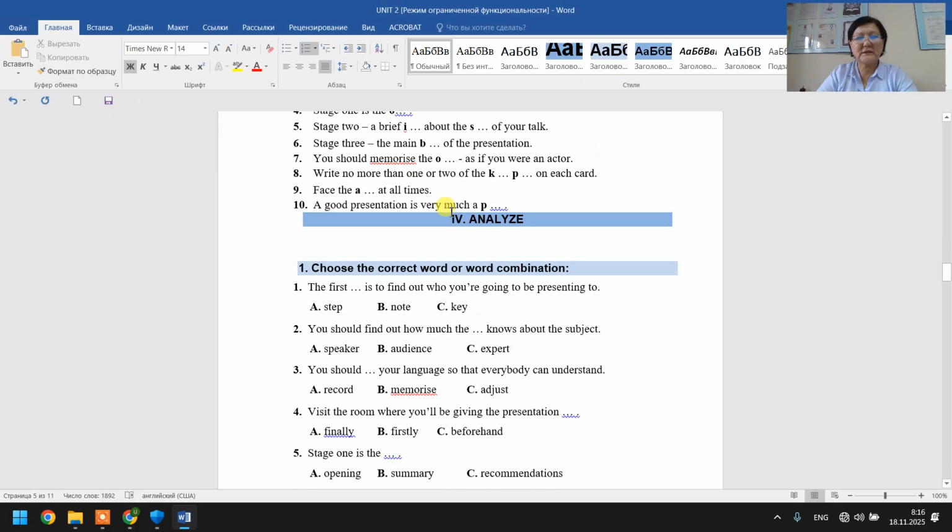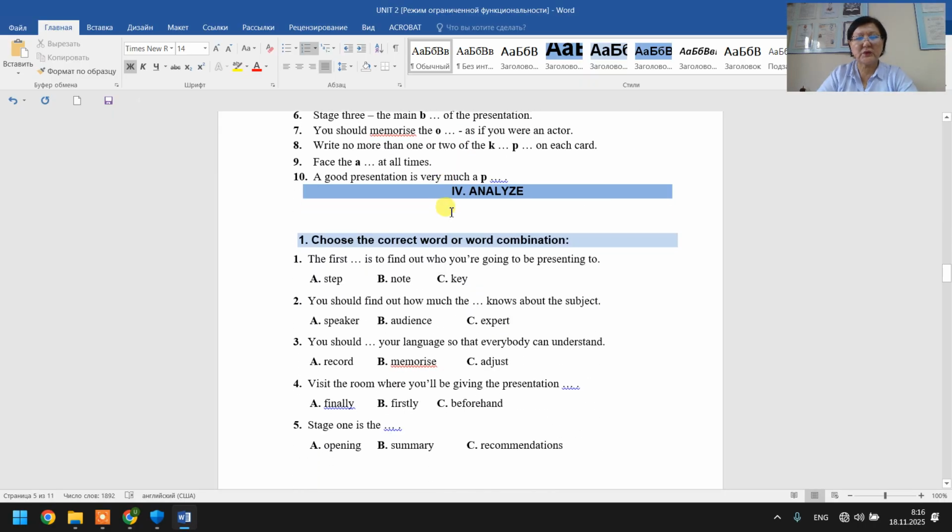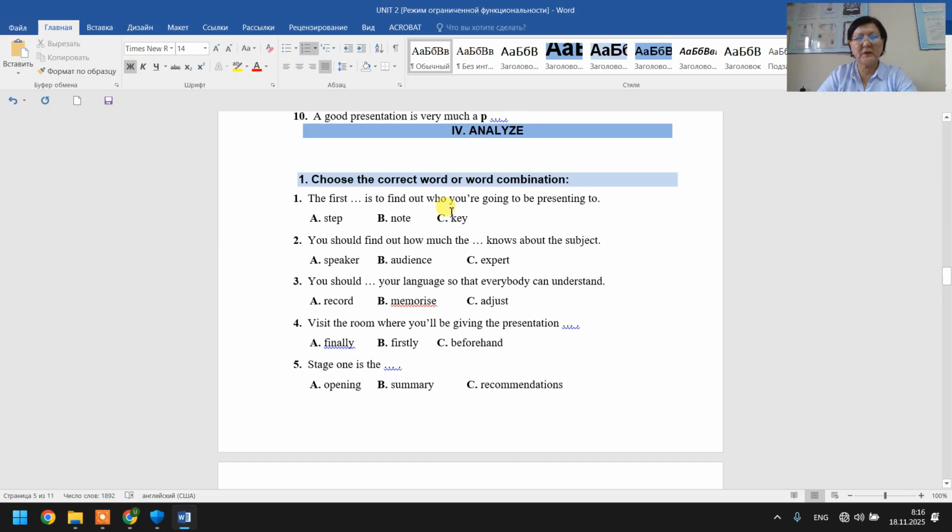The next exercise: choose the correct word or word combination. Here we see 3 multiple choice answers. Your task, according to the text and your vocabulary, is to find the right word for the missing gap.